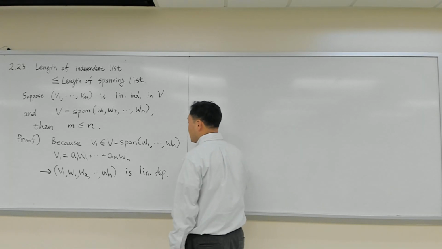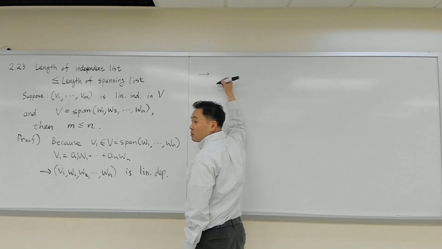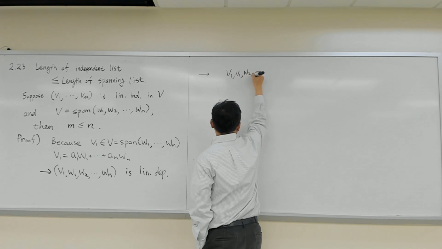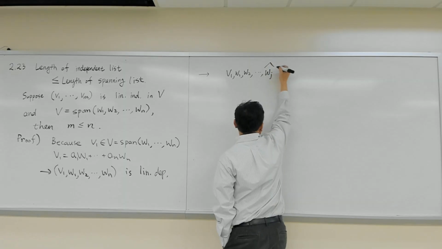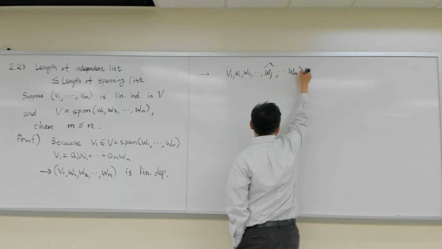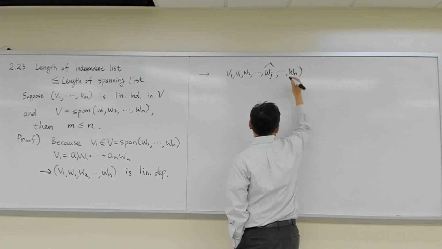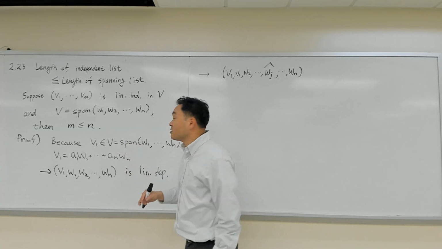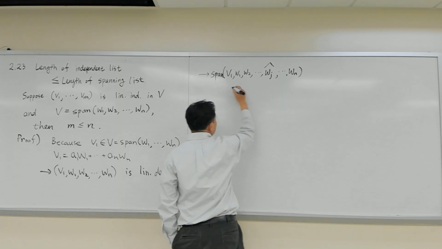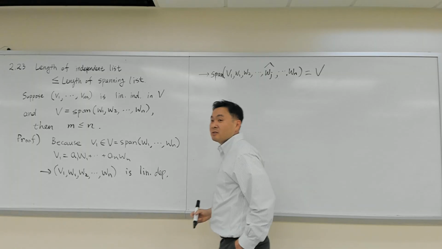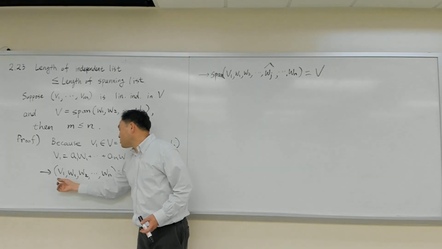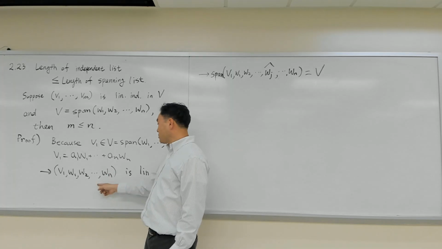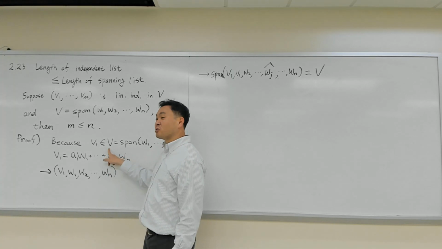But what we know is that V1, W1, W2, with Wj taken out, you can take out one of the elements and still have the span be the same as before, which is V. Oh, I forgot to say, what's the span of this list? Well, its span is bigger than the span of W1 through Wn because you have more elements, but W1 through Wn is already giving you the entire vector space.